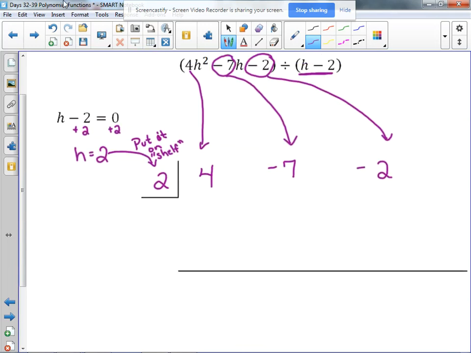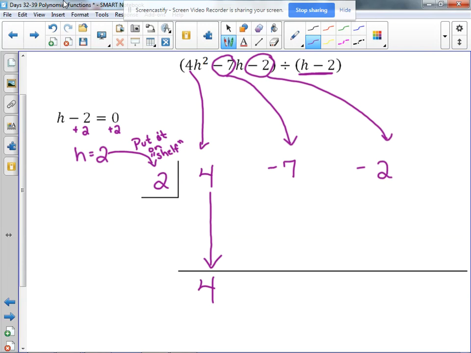Okay, now let's do the process. First step of the process is we always bring that first number down below that line. So the 4 comes down. Now we multiply the number that's under the line by the number that's on the shelf.